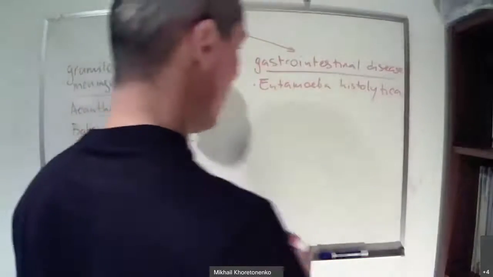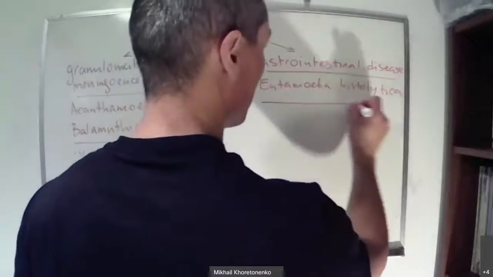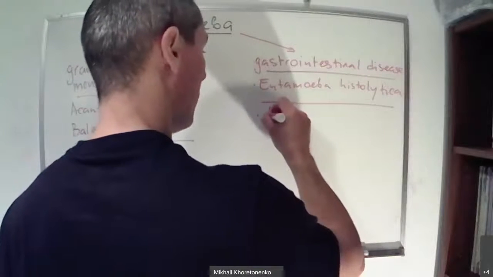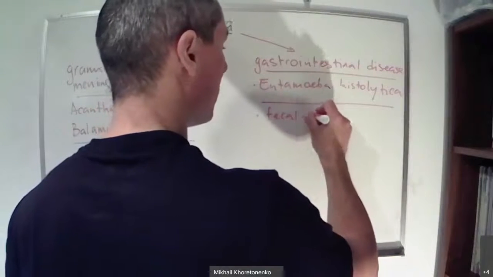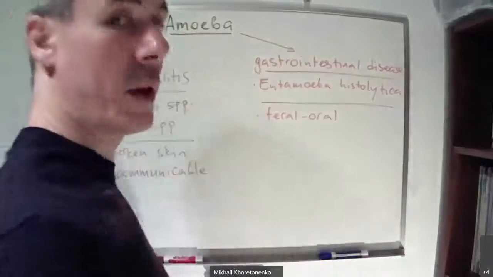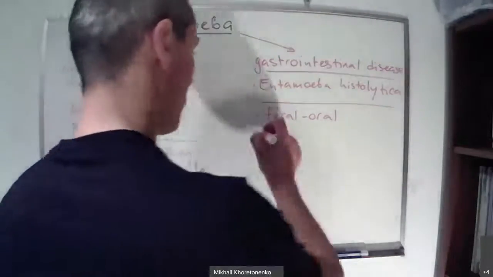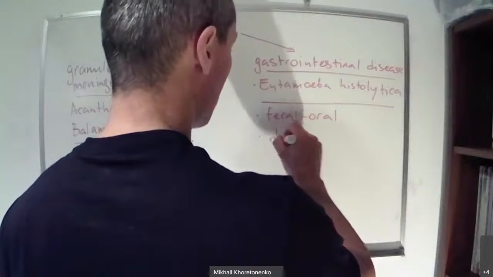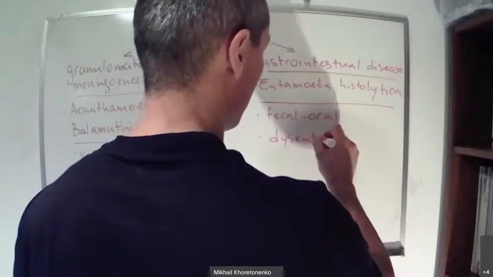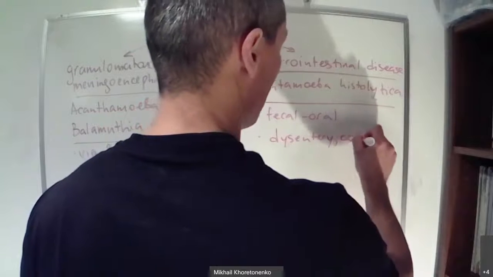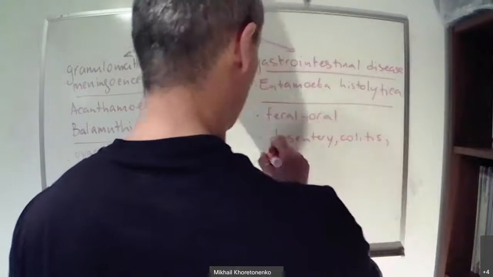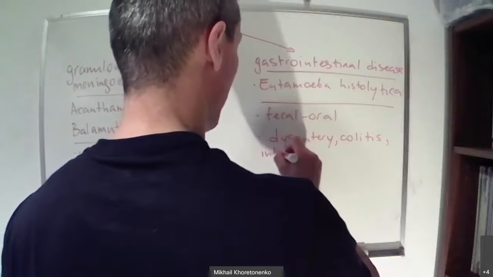Now, Entamoeba histolytica is transmitted by the fecal-oral route, most frequently due to the contamination of water or maybe food. And it causes dysentery, colitis, and intestinal perforation.